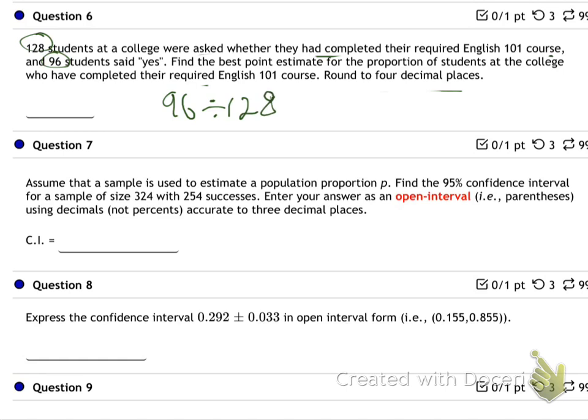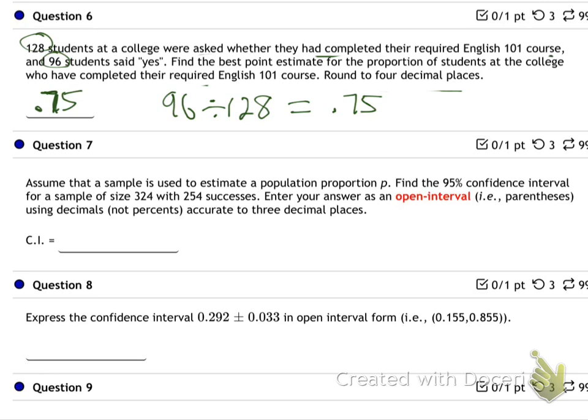Because in our little survey, 96 out of 128 said they had. So isn't that what you would do? That's exactly the right thing. That's all you got to do. 96 divided by 128, you would get 0.75. So we're saying in our little sample, 75% of the people had completed their English 1A.